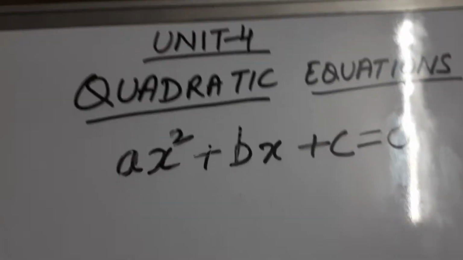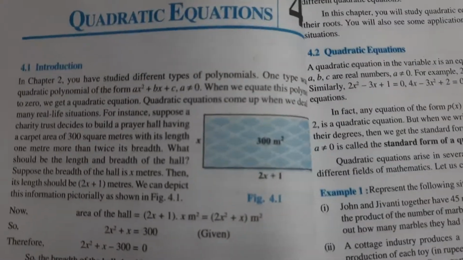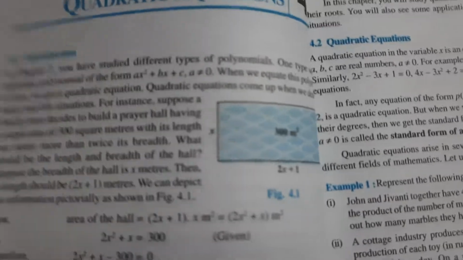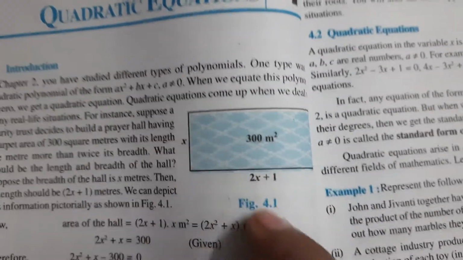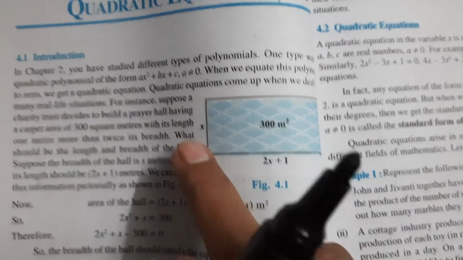Now dear students, where do we use quadratic equations in our day-to-day life? Let me tell you, wherever you have to find out 2 dimensions, like in the case of a rectangular plot, if you want to find the length and breadth, then you can use quadratic equations.